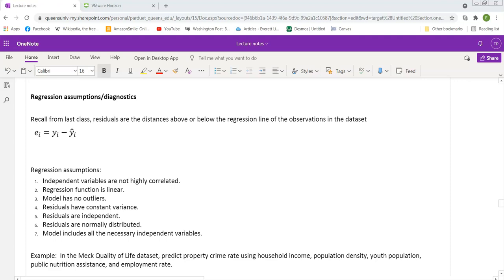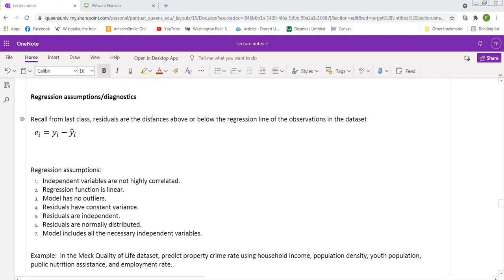How do we change the model to make sure that the assumption is met? That's what we're going to be talking about in today's lesson. They're also called diagnostics because these are the things you check to see if you need to change things in your model. All right. So we're going to spend the entire day just talking about what the regression assumptions are, and then what are some possible things you can do.